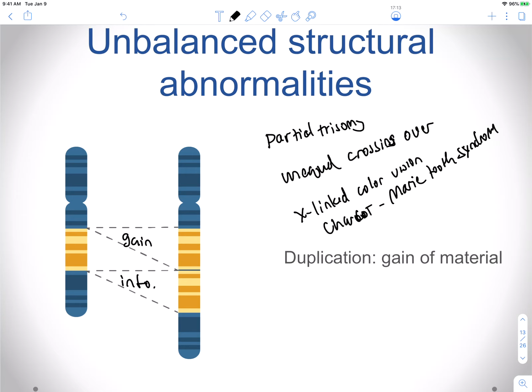Okay, so for duplication, you have, again, 2 different, I'm sorry, that's translation.